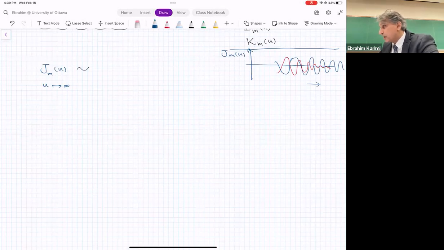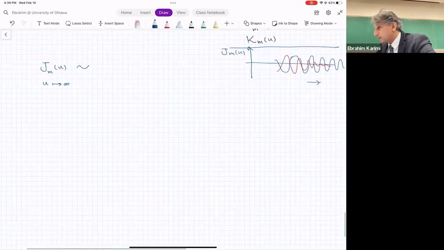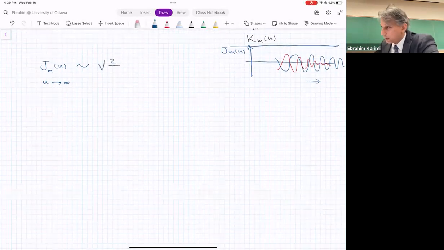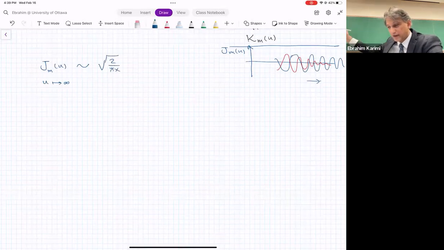So Jm will be 1 divided by gamma of m plus 1, which essentially for integer will be m factorial. Sorry, my apologies, I'm cheating in a bad way. It will be 2 divided by pi x, where the amplitude is changing based on the x value.